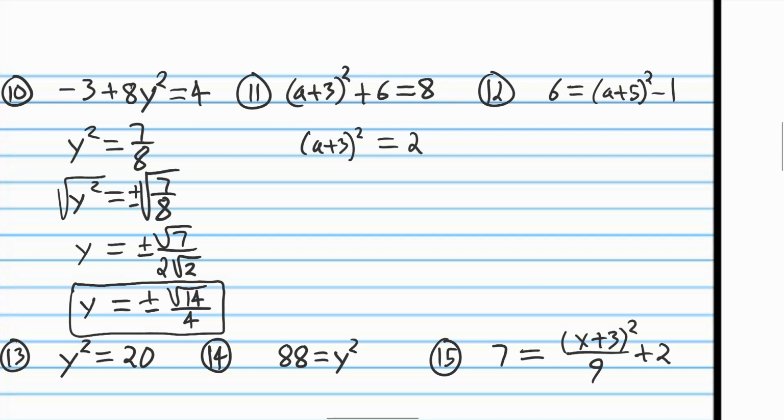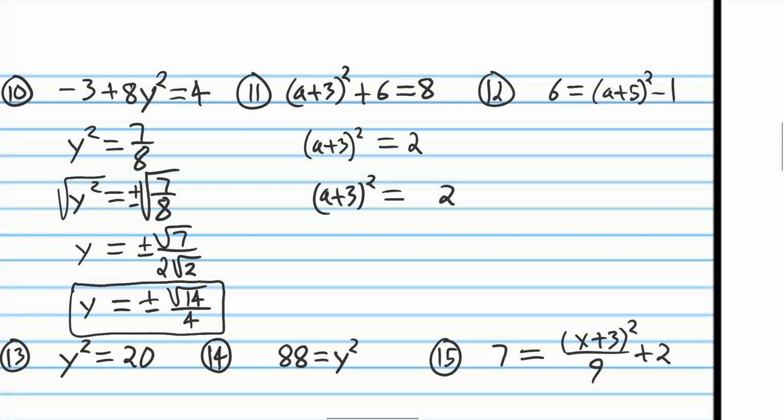And so now we've isolated the square. Now, it's important to understand that we want to get to the a. We want to isolate a, but we can't get to the a unless we get rid of this 2 first. So, as usual, the second step is we're going to get rid of the square. And so in order to do that, we're going to have to square root both sides of the equation.